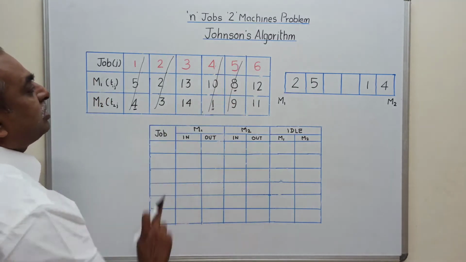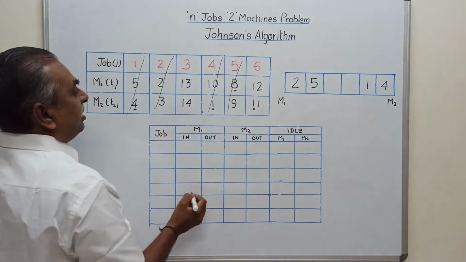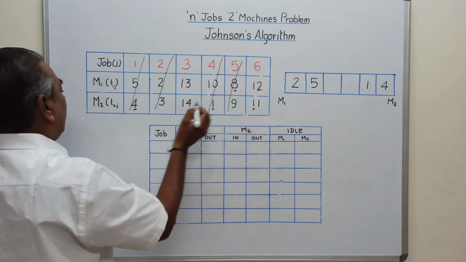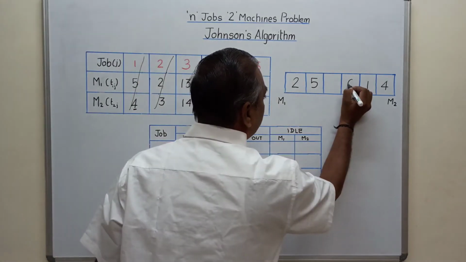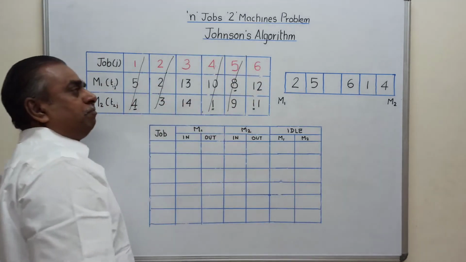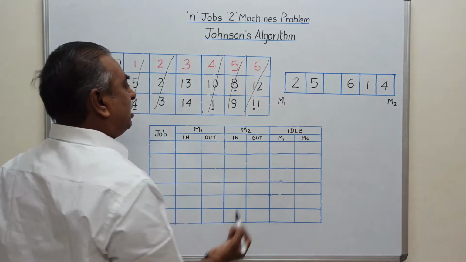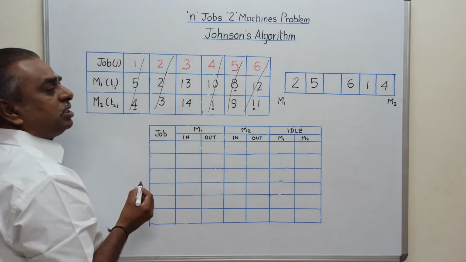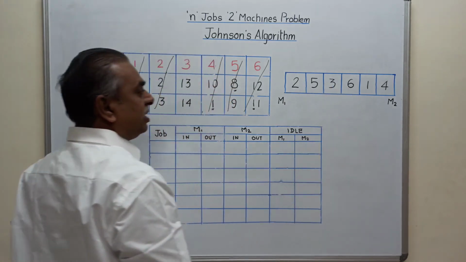Then among these 2 jobs, the minimum processing time is 11, corresponding to the 6th job and machine M2. So job 6 has to be processed just before 1. Now we strike this off. Only 1 box and 1 job is left over, so we process the 3rd job after 5.